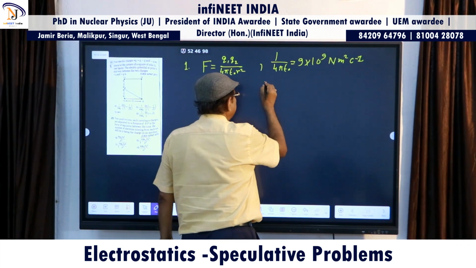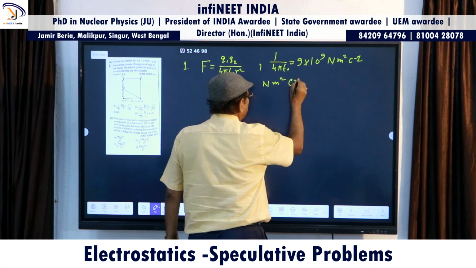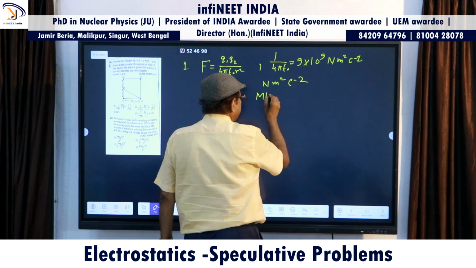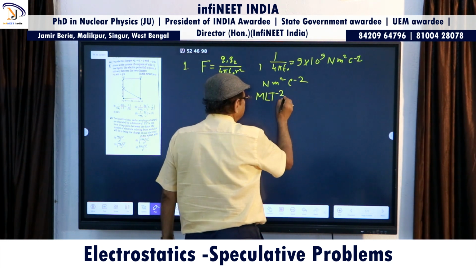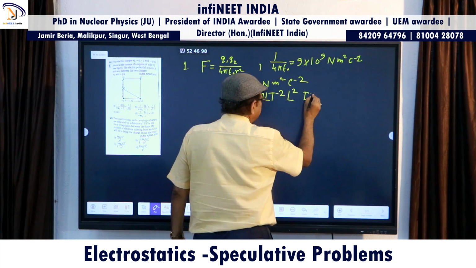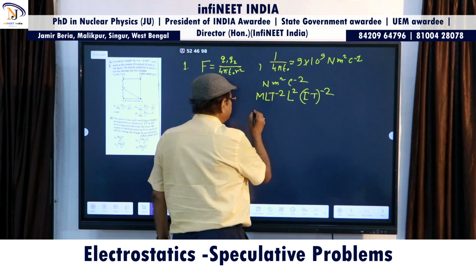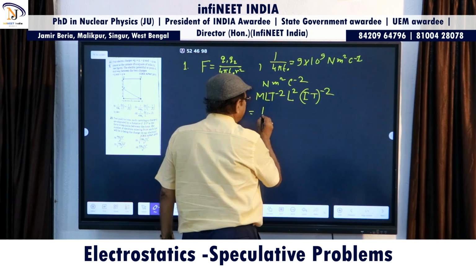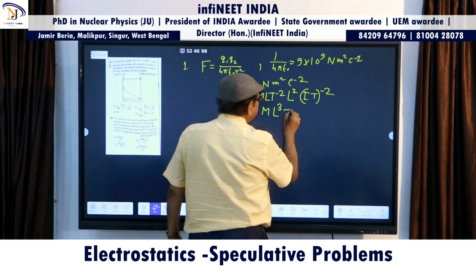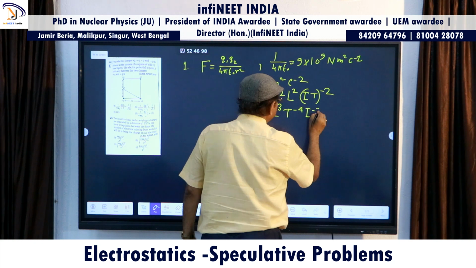And what is the dimension? Newton meter square Coulomb to the power minus 2 means M L T to the power minus 2, L to the power 2, I into T to the power minus 2. The dimension is nothing but M L Q T to the power minus 4 I to the power minus 2.